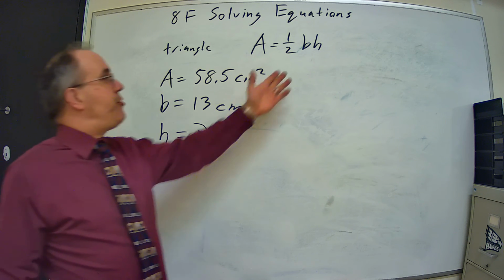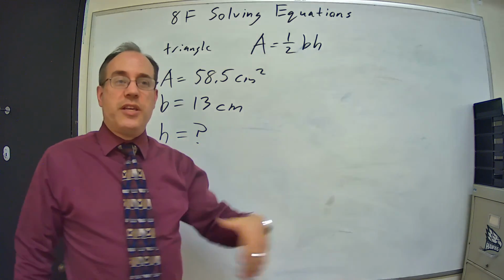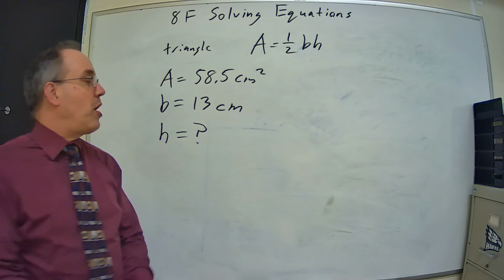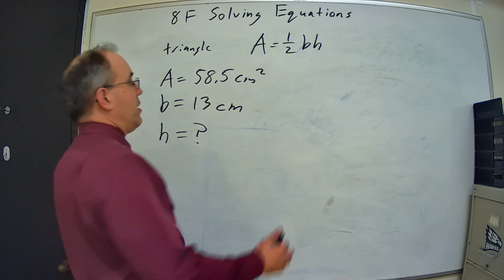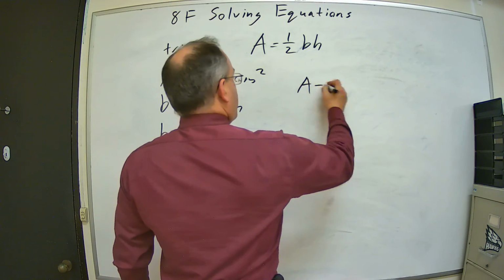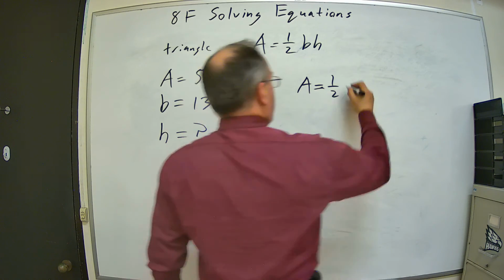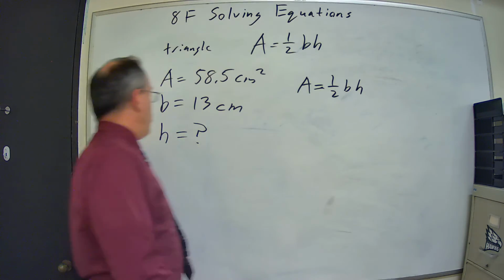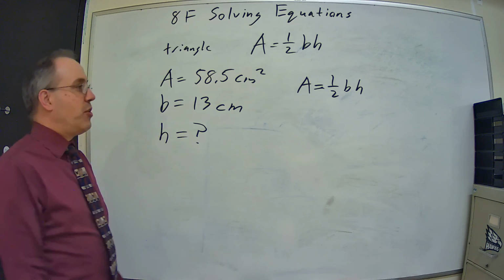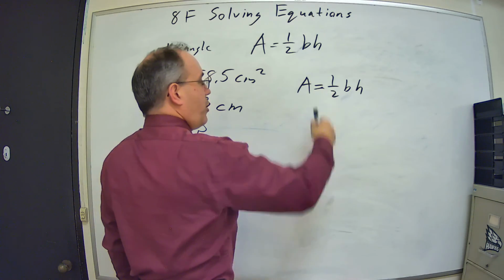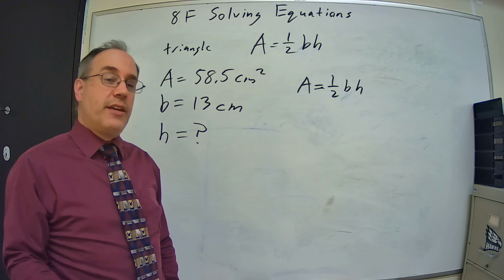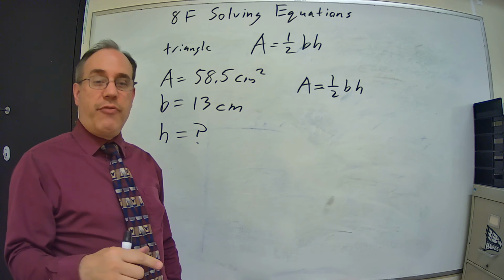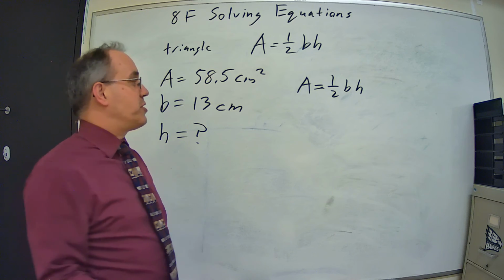So what we can do is manipulate this using the addition property and the multiplication property so that we can solve it for h. So A is equal to 1/2 base times height. We want to get h by itself, so furthest away from that is the 1/2. It's multiplied, so if I want to divide to get rid of it, remember dividing a fraction is the same as multiplying by its reciprocal.